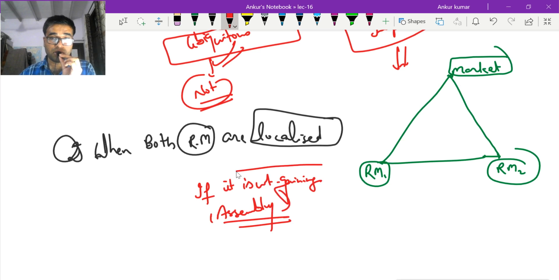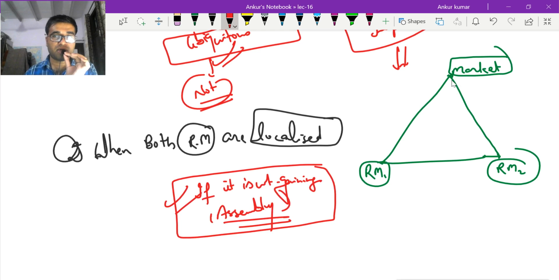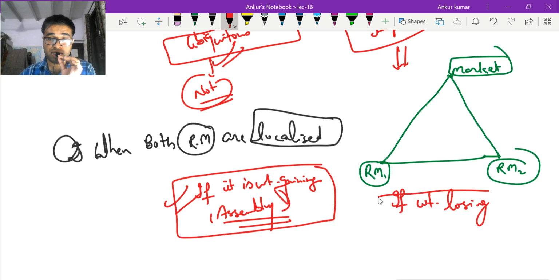But in case of weight losing, this is a separate case. If weight gaining, industry will migrate towards the market. But if weight losing, in that case industry will migrate toward the raw material center. But towards which raw material center will the industry migrate? The raw material which is more weight losing, towards that the industry will migrate, right?